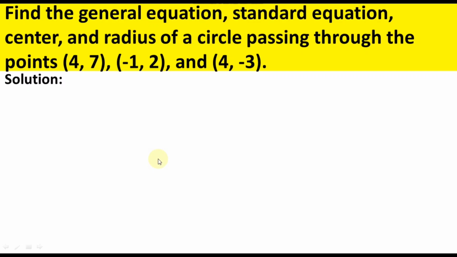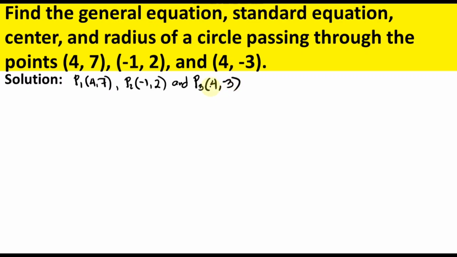So tingnan natin, let P sub 1 is, so ito yung point 1 natin, that is (4, 7), point 2, so that is (-1, 2), and let P sub 3, that is (4, -3).